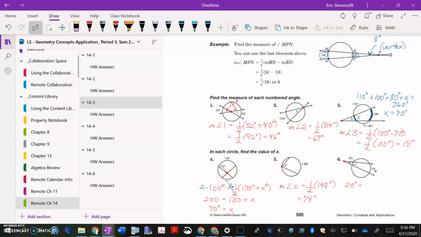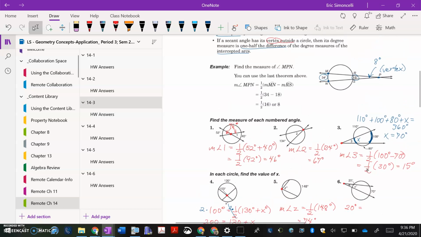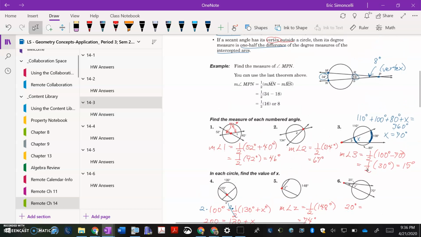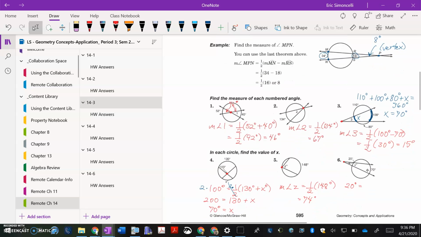These again are called secants, just to highlight definitionally what that is. So 20 is equal to, because it's outside the circle, why don't we scroll up one more time? The second theorem speaks to what? Half of the difference of the two intercepted arcs. So half of the difference, 70 minus x.